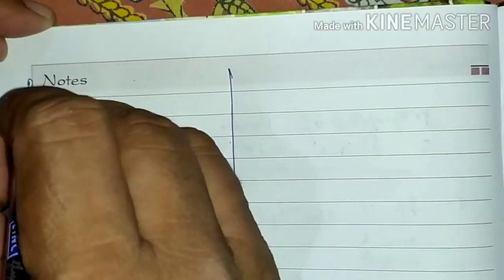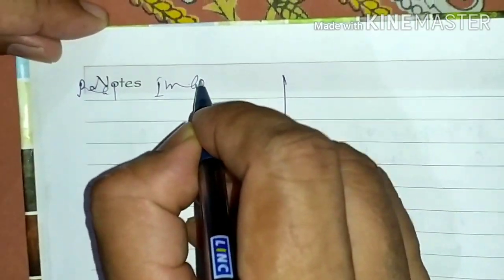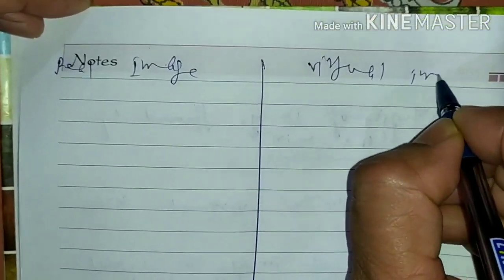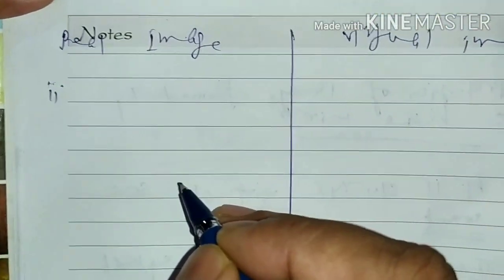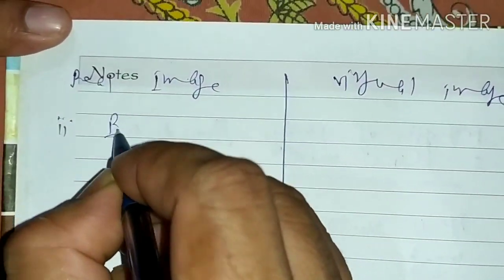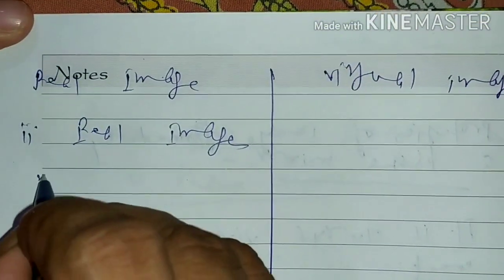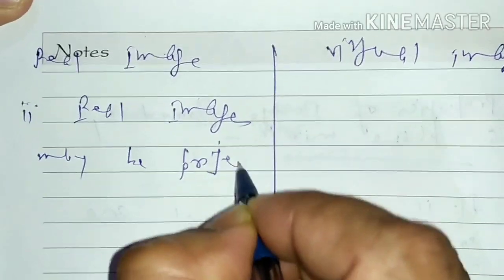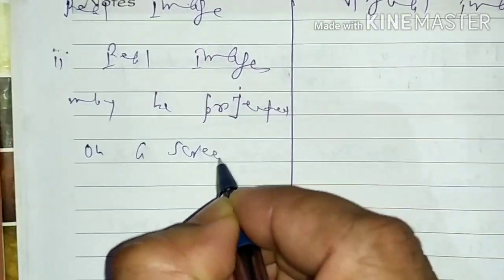Second difference between real image and virtual image: real images may be projected on a screen.